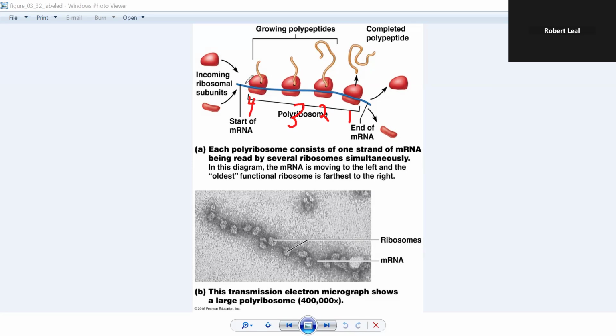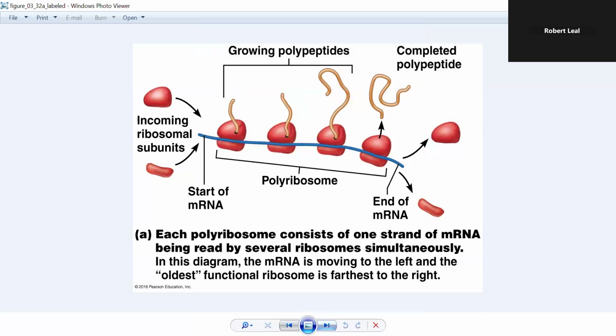So anytime the instructions at the beginning of the message are exposed, a new ribosome can attach and make the same protein as well as these others, but at different stages. So that's what this picture is showing.